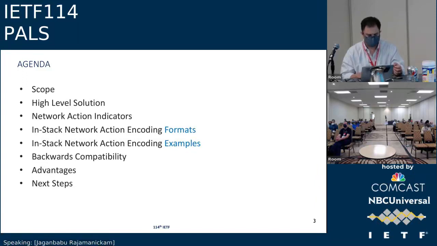Then I'm going to discuss the in-stack network action encoding formats and the corresponding examples. The next one is backward compatibility, how we're going to achieve it with our solution, and the advantages of our solution. And finally, the next steps, what we're going to do with our draft.